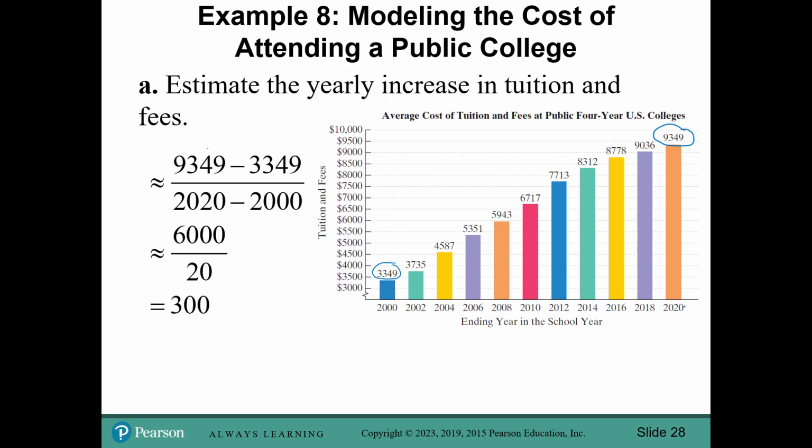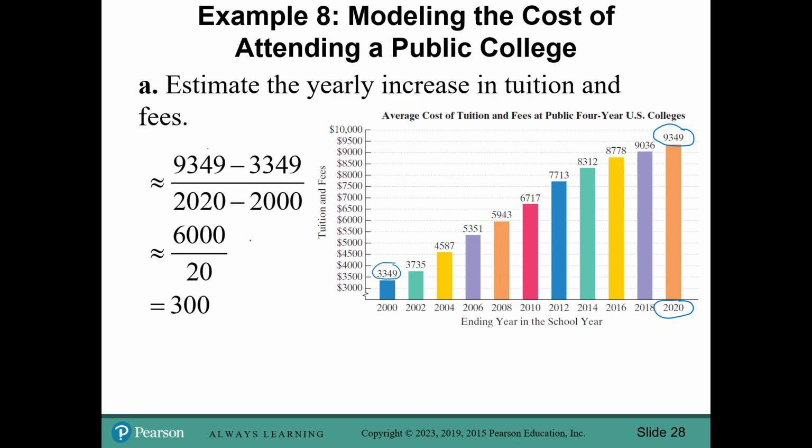In our denominator, we put our corresponding years. For the first value of 9,349, our corresponding year is 2020. We subtract from that 2000, which corresponds to that 3,349. Okay. Essentially, we are finding the slope from this point to this point.